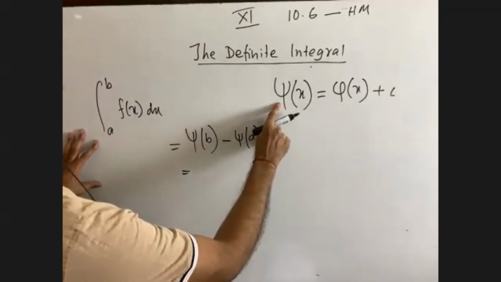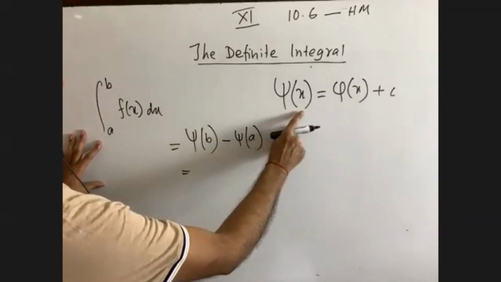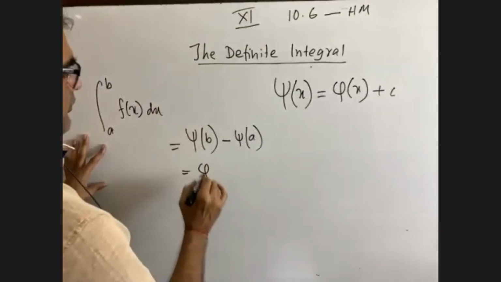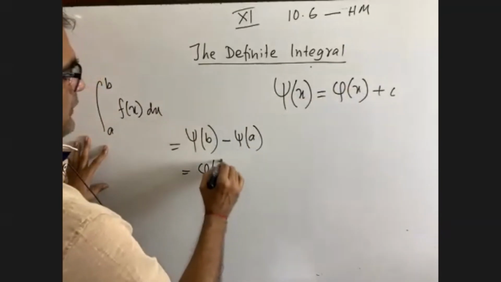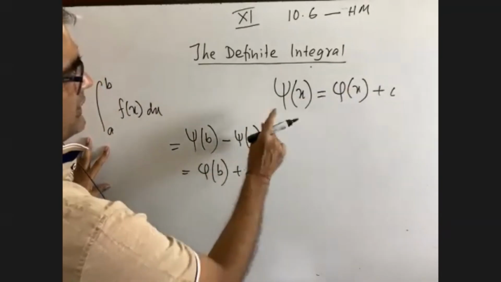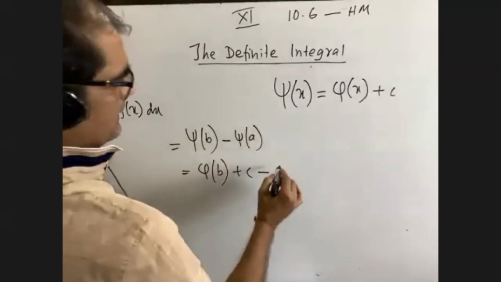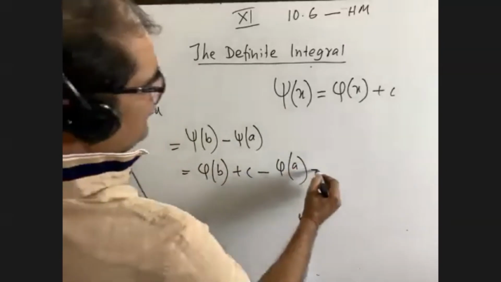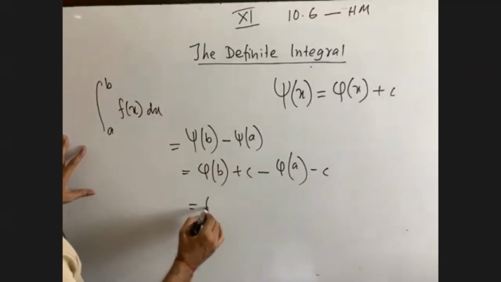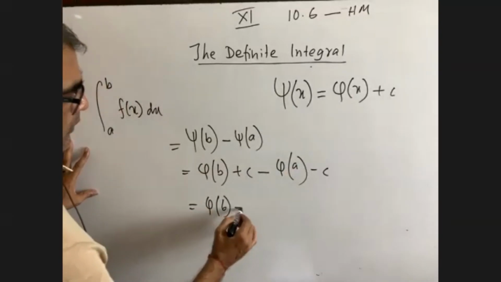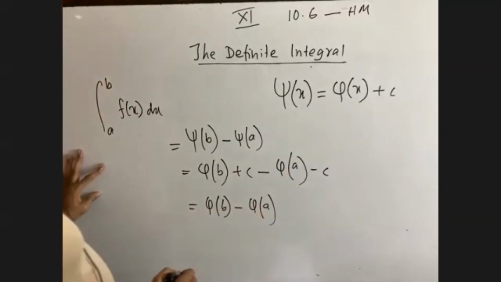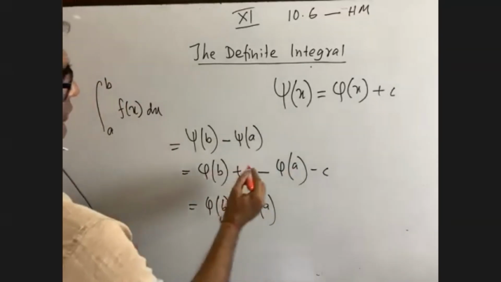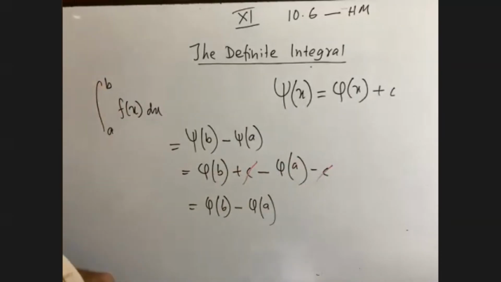It is a function of psi x. Now put the value for b, psi b. So we are getting phi b plus c minus, put the value psi a, phi a plus c. Oh sorry, minus c. So you see, we are getting phi b minus phi a. In the answer, we don't have any c because this plus c and minus c will be omitted.